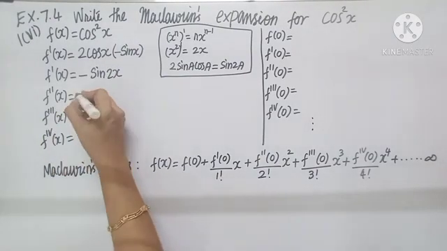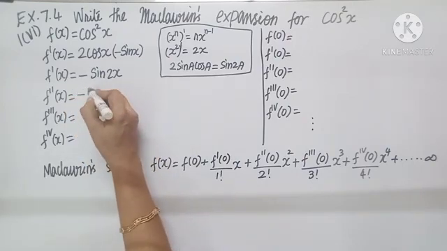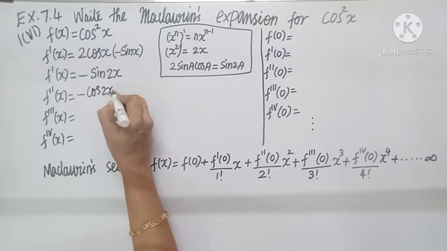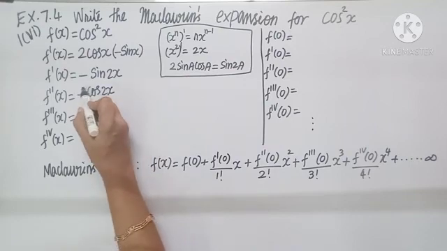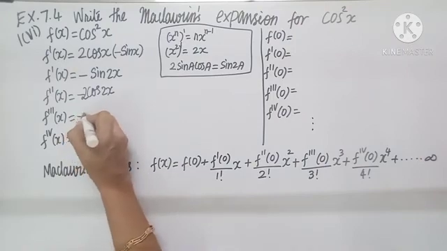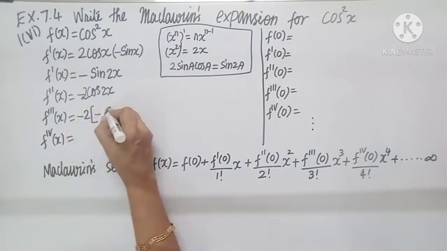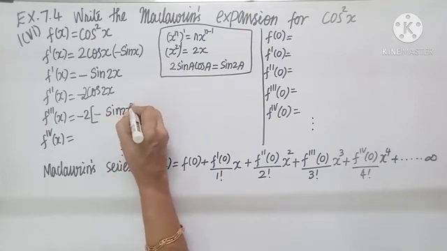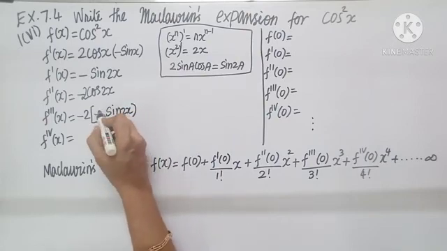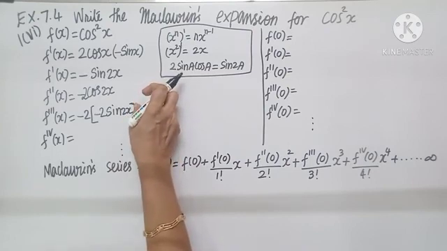Second derivative, sine will become cos 2x, 2x will become 2. The next derivative, already there is a minus 2. Cos 2x will become minus sine 2x. Again 2x will become 2. Remember, this is also chain rule.